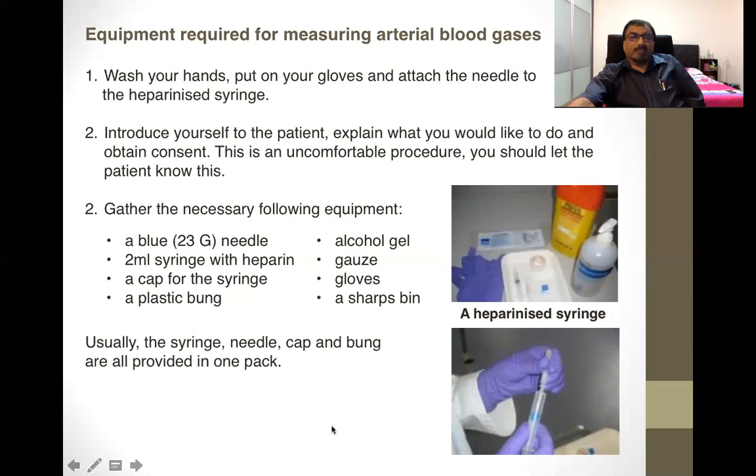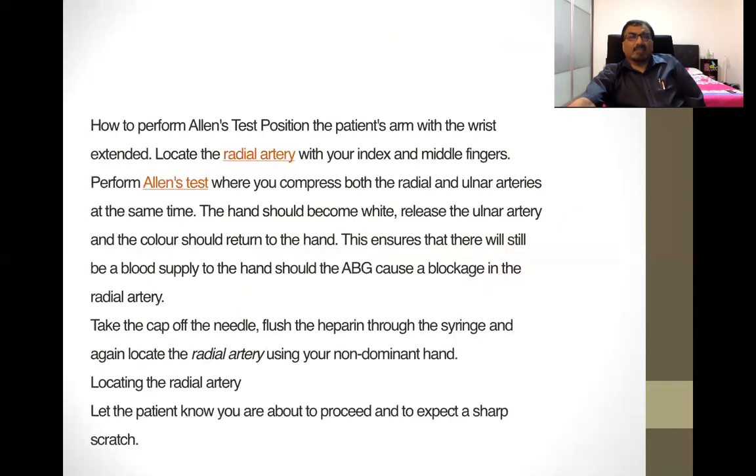But before you go into this method of doing ABG, you have to do the Allen's test first. You have to perform the Allen's test on the patient, if you are doing a radial artery ABG. So you locate the radial artery with your index and middle fingers and perform the Allen's test.